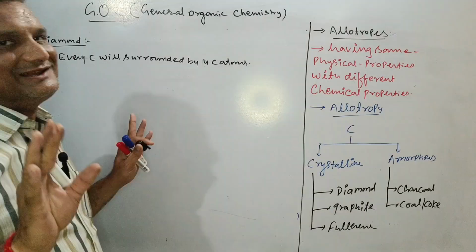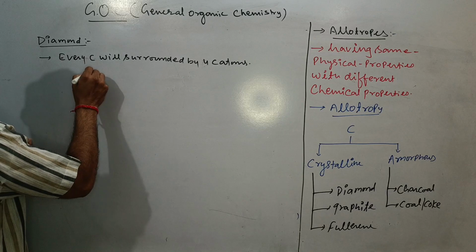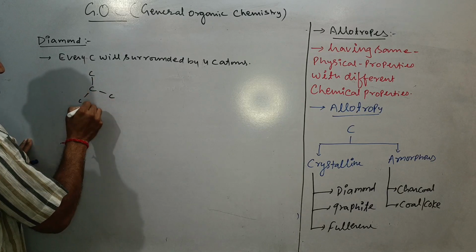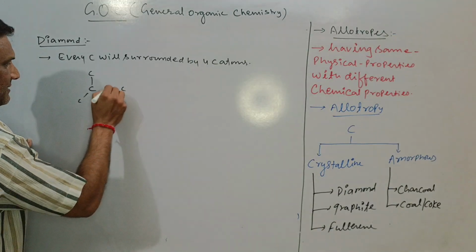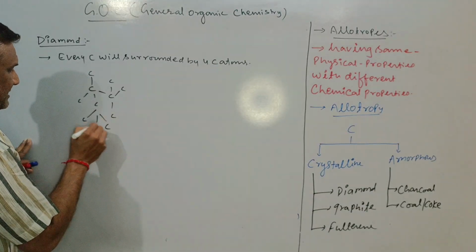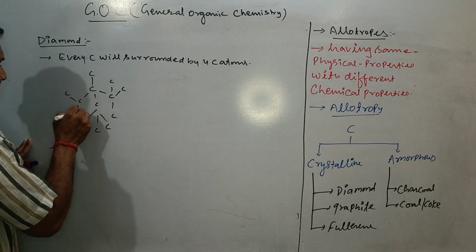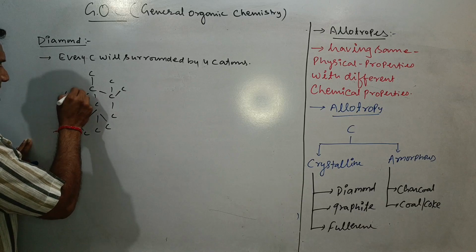This means valency will be satisfied like this: C, and C. Further, each and every carbon will be surrounded by these 4 carbon atoms. So there is formation of a compact 3-dimensional structure.